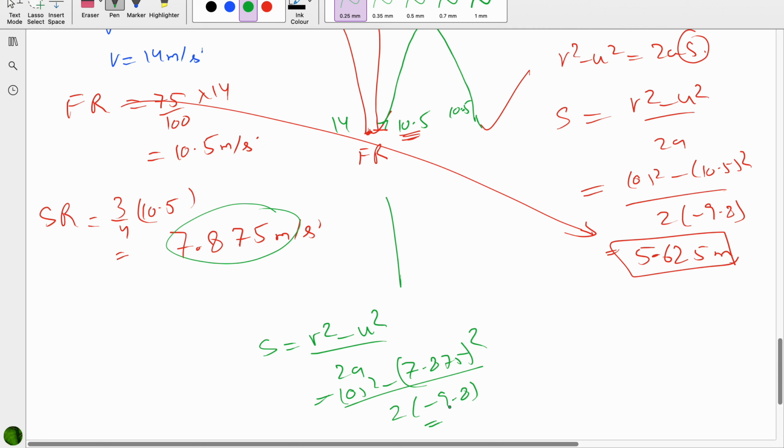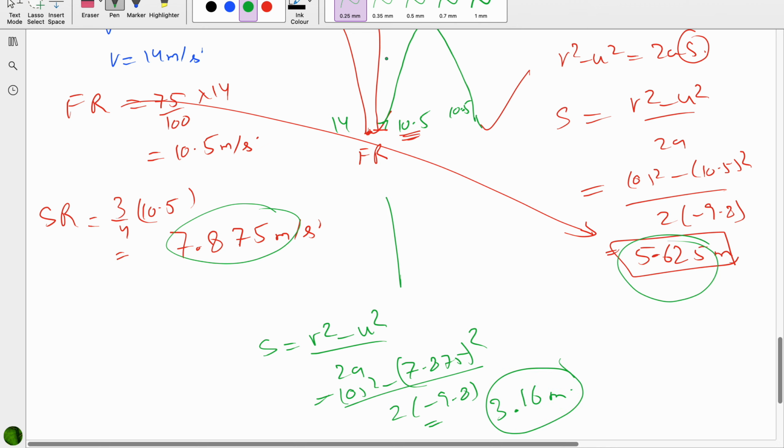And we get 7.875 squared, that is 3.16 meters.